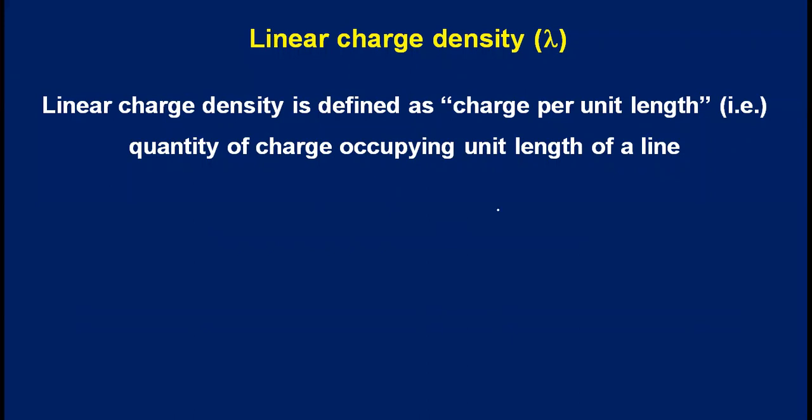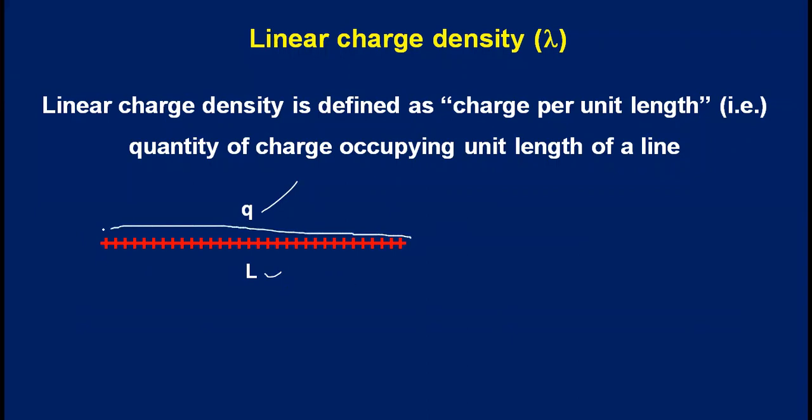linear charge density. Suppose I have a linear charge distribution like this, let Q be the total charge distributed over the length L. So the length of the alignment of the charges is L, and the total charge over this entire alignment of length L is Q. Let us imagine. Now to find linear charge density, I need to find the amount of charge in 1 meter length.